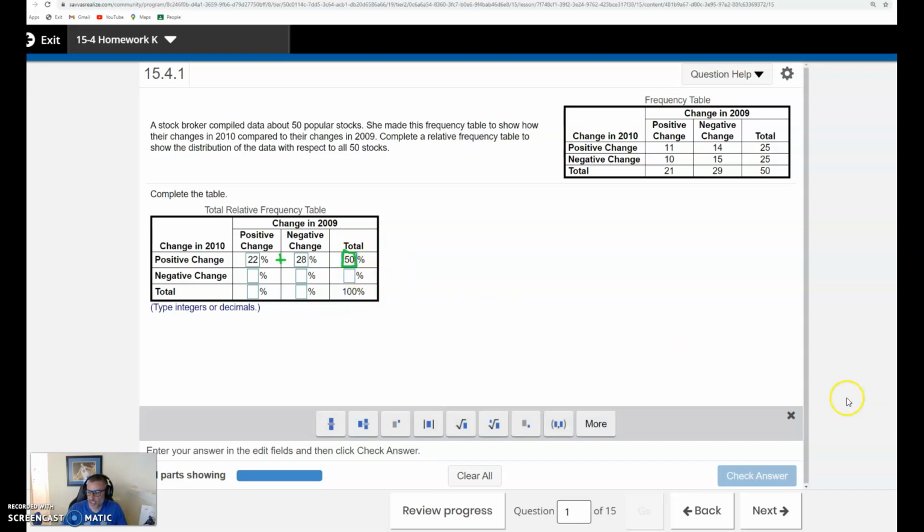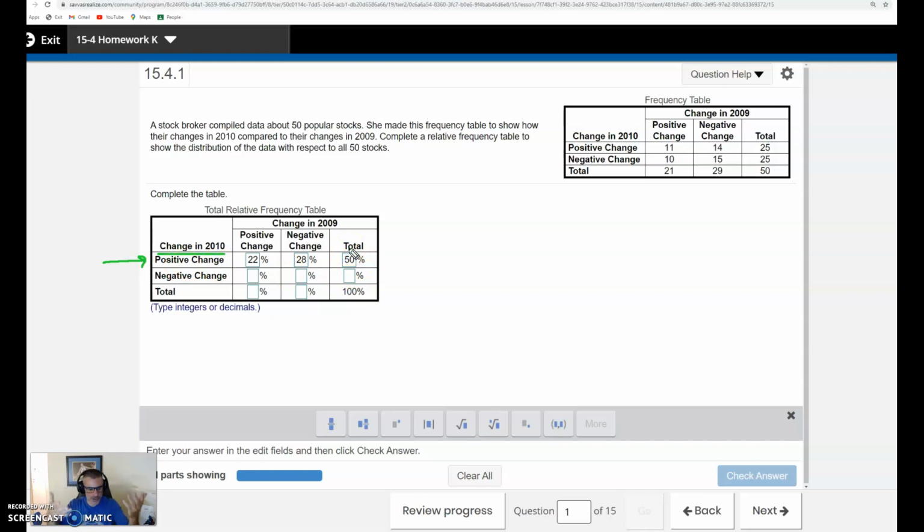And what that means is 50%, so this row is complete. So 50% of the stocks had a positive change in 2010, right? So we know that in 2010, half the stocks went up.